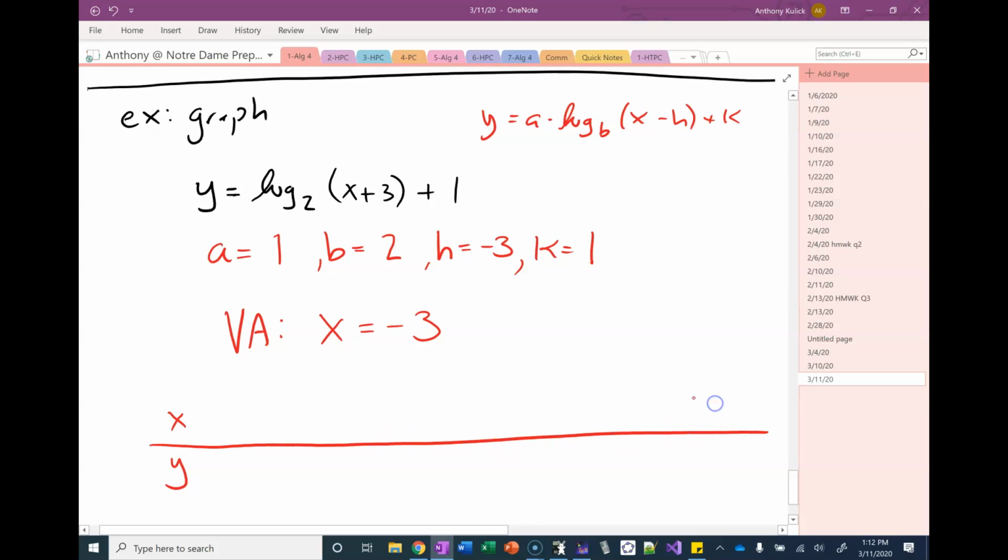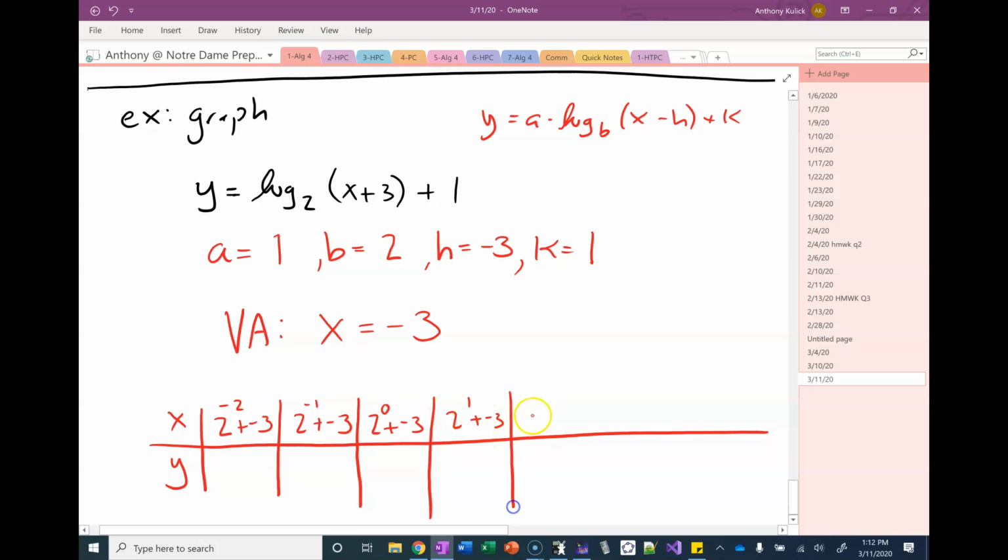Then let's make our xy table. So I'm going to do b to the negative 2 plus h, b to the negative 1 plus h, b to the 0 plus h, b to the first plus h, and then b to the second plus h.